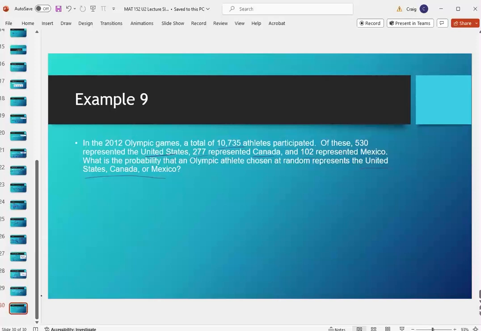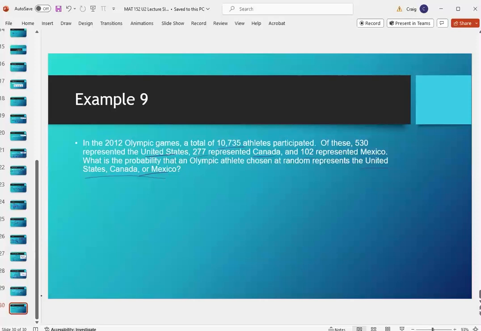You can't be both. It's still there in the formula, but we can leave it out here, and this is why it gets people confused, because we're just trying to figure out or. If we wanted the probability that we chose someone at random that represents the United States and Canada, that would be zero, because there's none of them that would represent both.